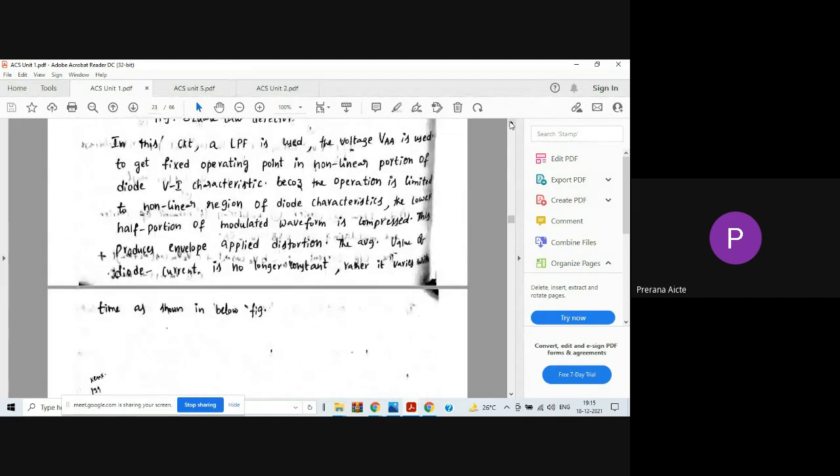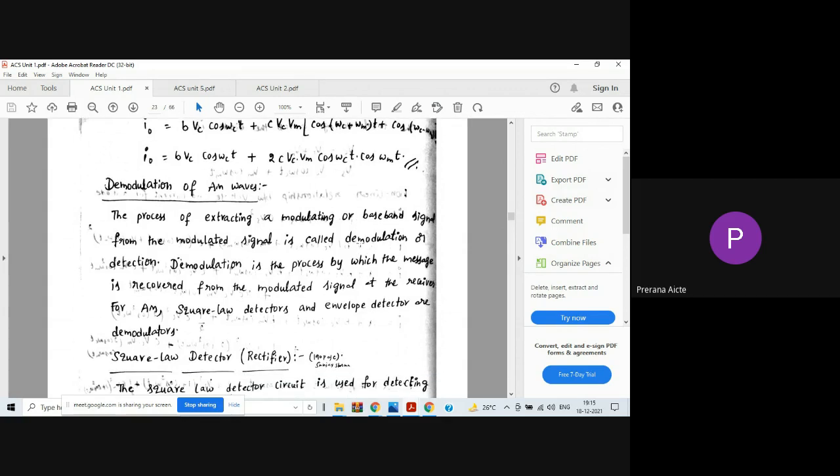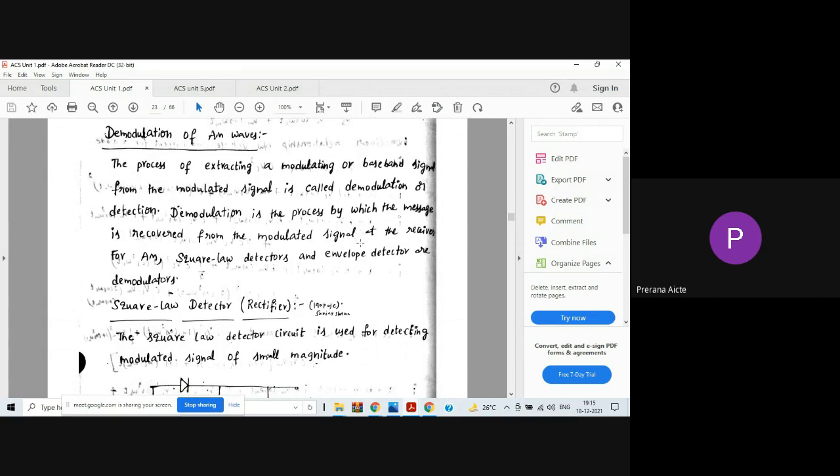We can call that demodulation. Demodulation is the process of extracting a modulating signal or baseband signal from the modulated signal. It is the process in which the message is recovered from the modulated signal at the receiver, which is called demodulation.